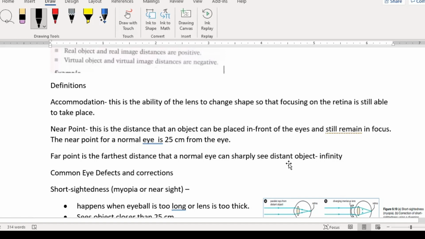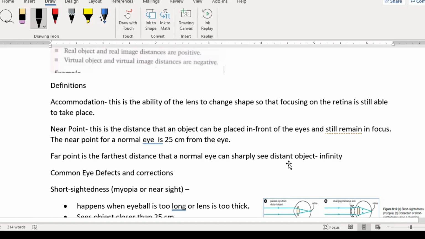A person who has a very far near point will not have the ability to read objects that are close to their eyes, and so they would have to use a particular lens to assist with that.